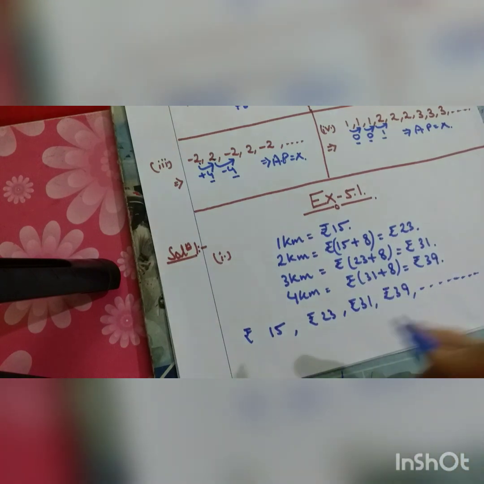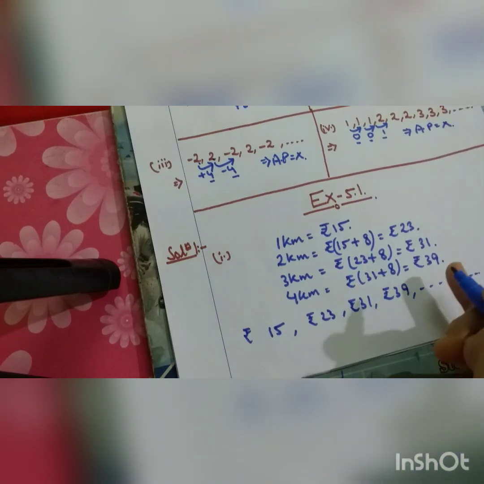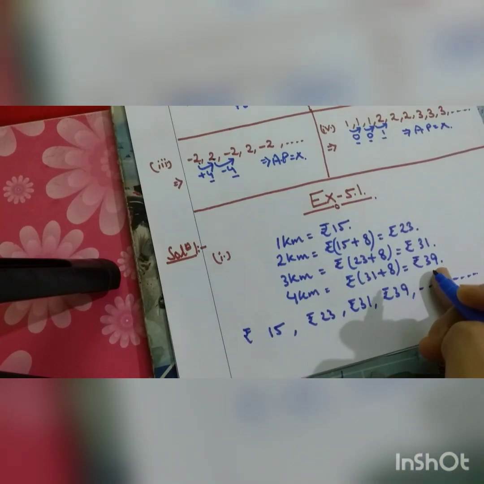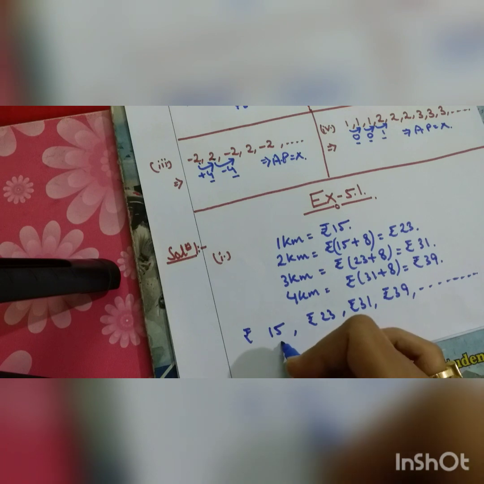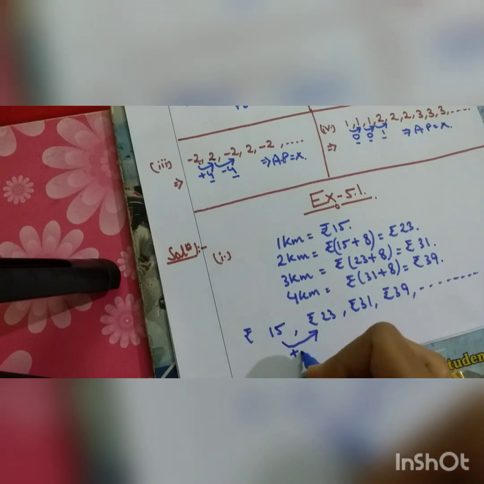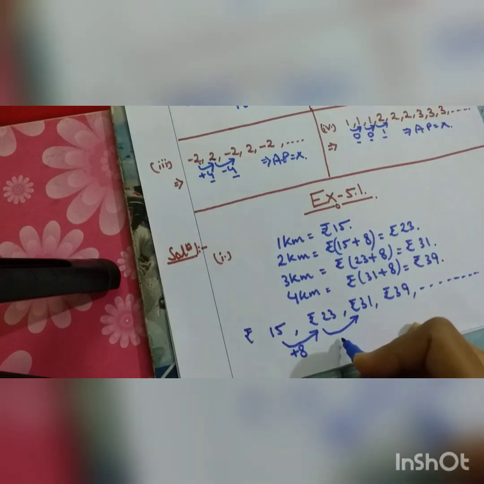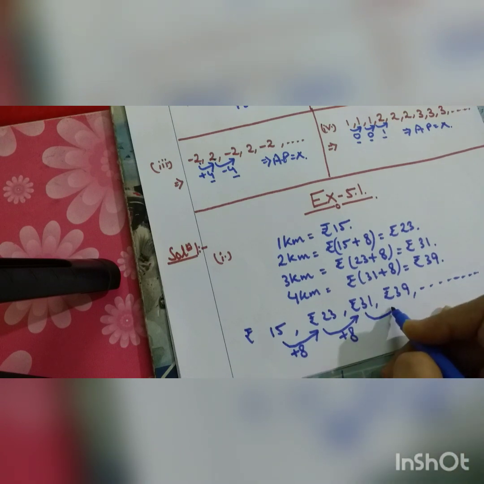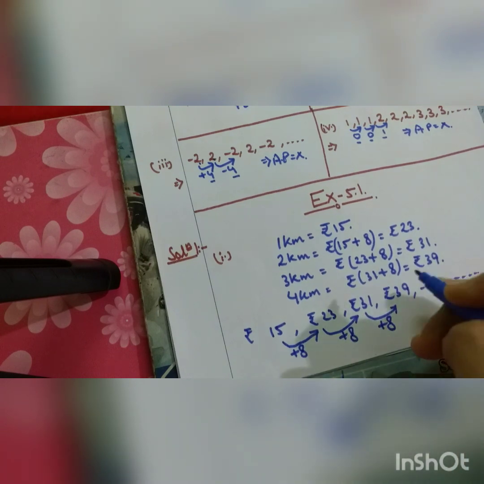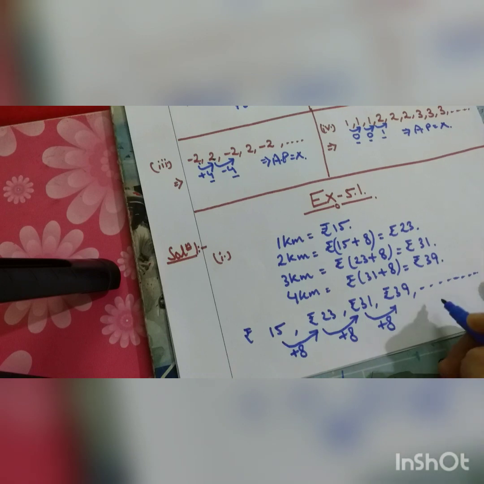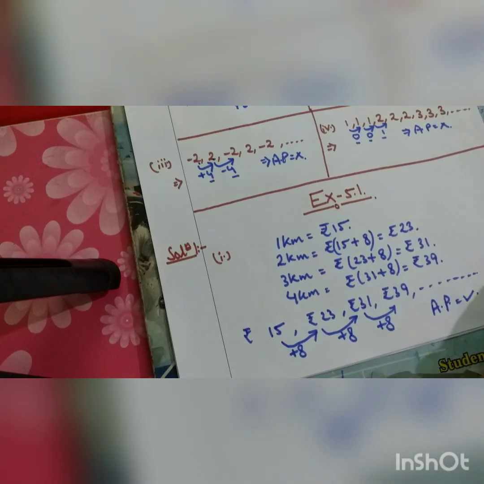The pattern will continue. When you calculate for 5 kilometers, you simply add 39 plus 8. So you can easily check the common difference is the same, that is plus 8, in each term. So this series is in AP.